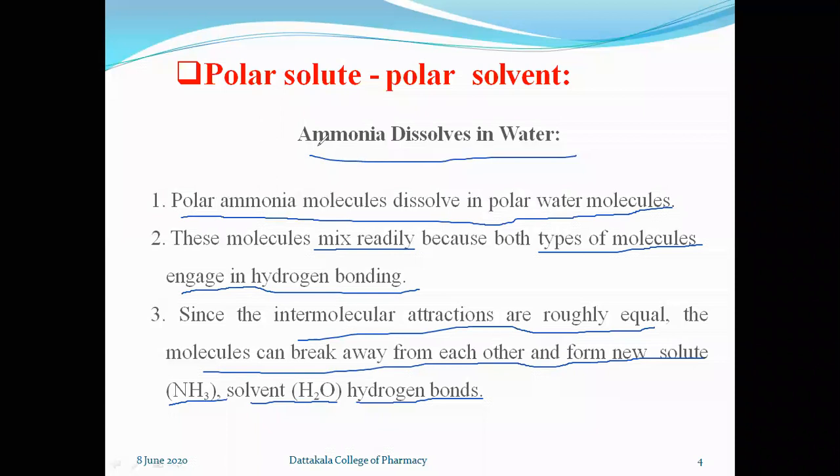That means the forces of attraction, the intermolecular attraction between the ammonia molecule and the water molecule, will start. And when this intermolecular attraction is greater as compared to the solute individually and the solvent individually, that system will start to form the homogeneous mixture by formation of the hydrogen linkage, the hydrogen bond, between the solute and solvent.